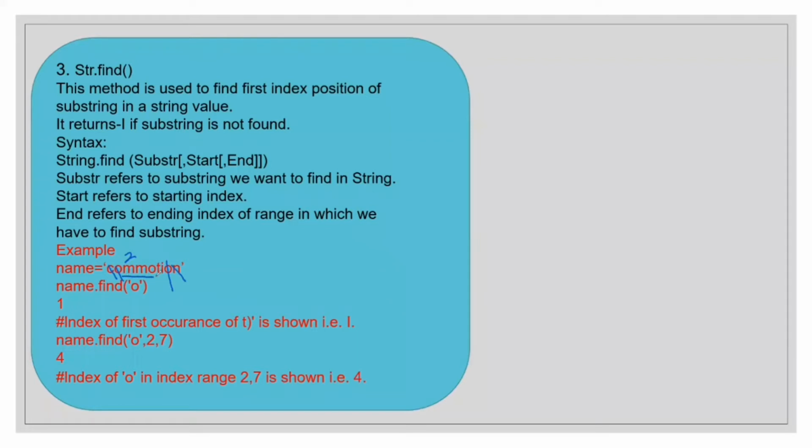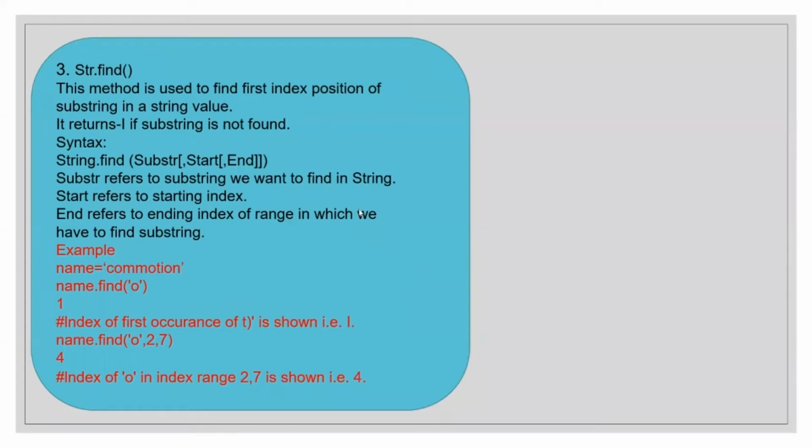So it's going to consider that the string, according to the program, only contains these 5 characters M, M, O, T, I. And when it goes from here, it's going to find that this O is at number 4, 0, 1, 2, 3, and 4. So the index position of the O is 4, and it's finding the O only between this index range as specified by the user.